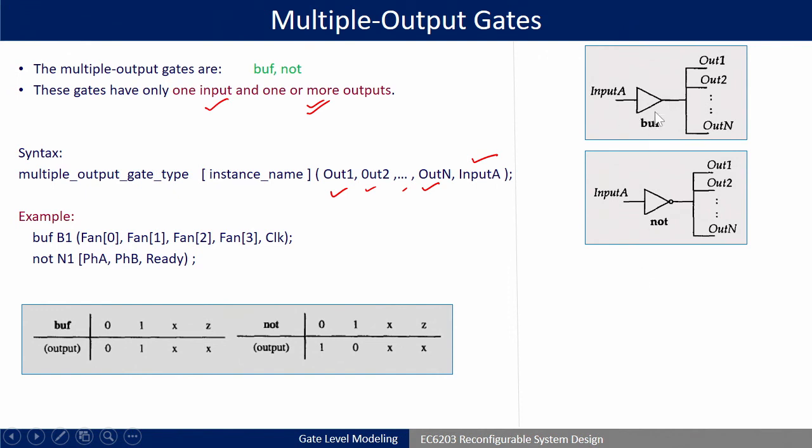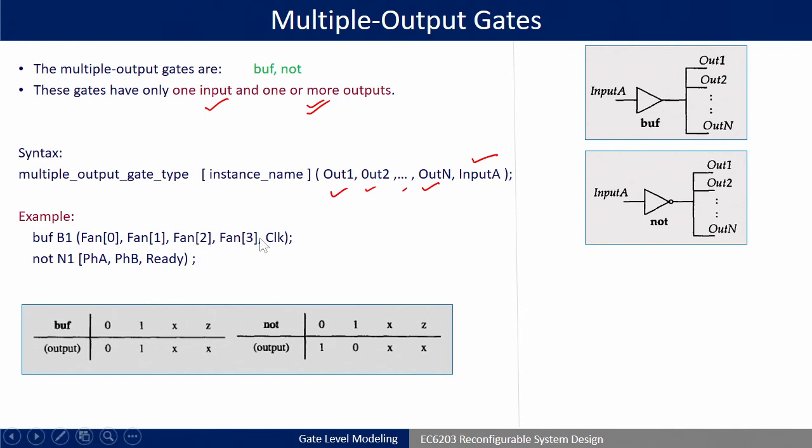So, the syntax or example: you can see this input A, buff and NOT. This is required to increase the driving capacity of a design. So, in that context you can use all these gates. If you see, buff B1 is the syntax, and NOT N1 is the syntax. Output first means, let us say, fan 0, fan 1, fan 2, fan 3. All these are my outputs and the input is clock. Sometimes, if you are giving a clock to a design, there may be loading.